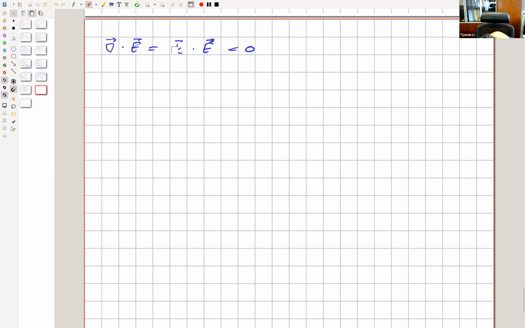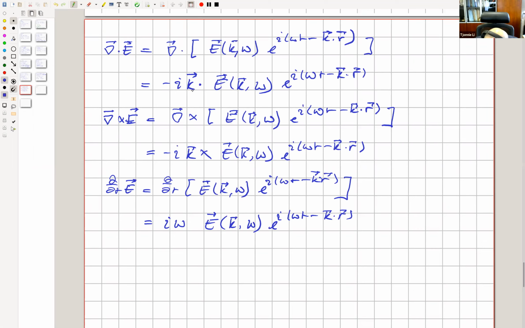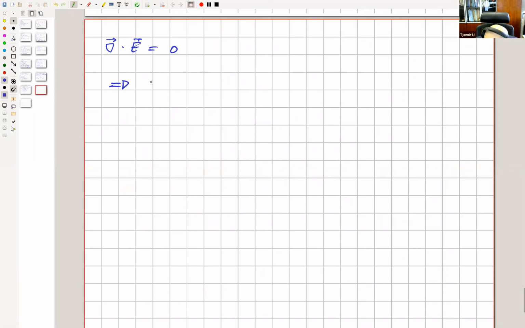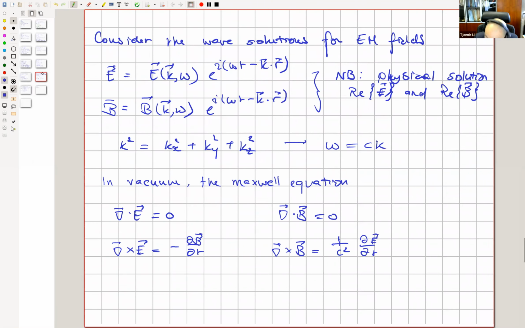Well, okay, let me write it this way. I know that the divergence of E must equal 0. Therefore, by looking at this here, I know that k dotted with E must equal 0. So indeed here I've got k dotted with E. And immediately, k here is the wave vector in the direction of propagation, right?